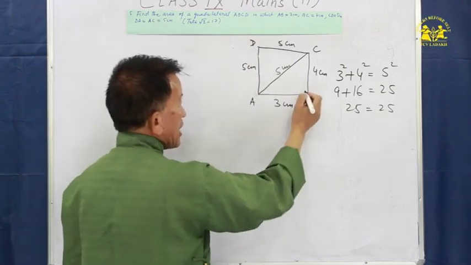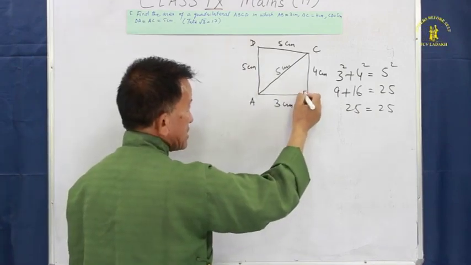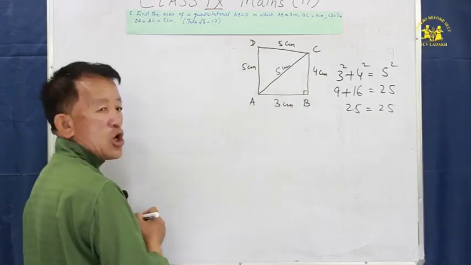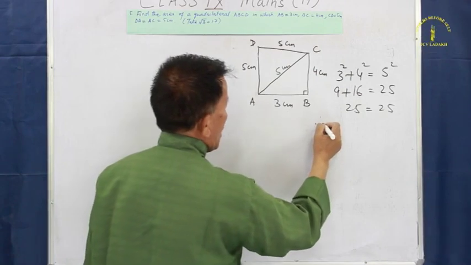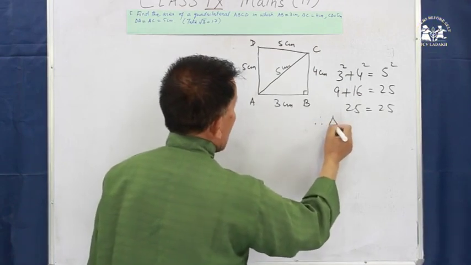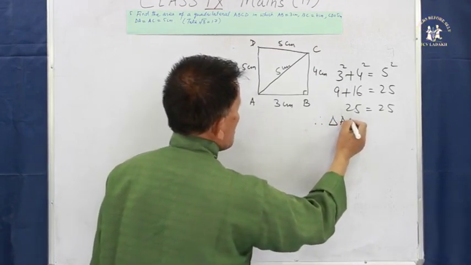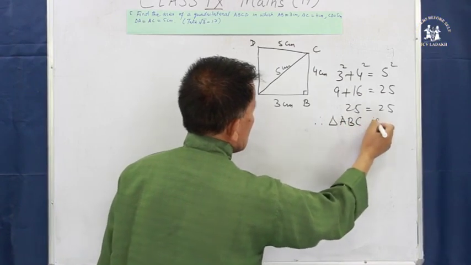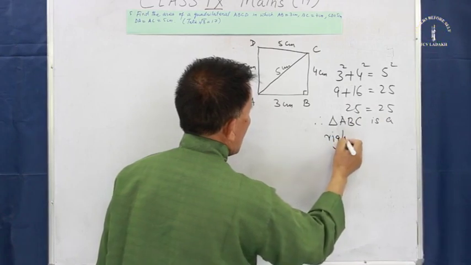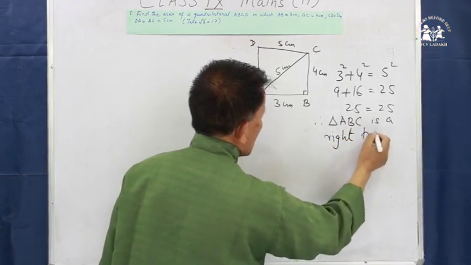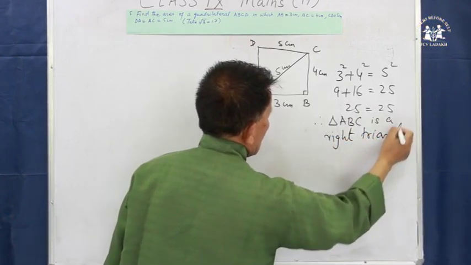So the angle opposite to the longest side, angle B in this case, will be equal to 90 degrees. So therefore, triangle ABC is a right triangle or right angled triangle.